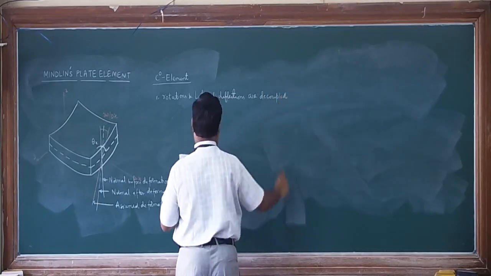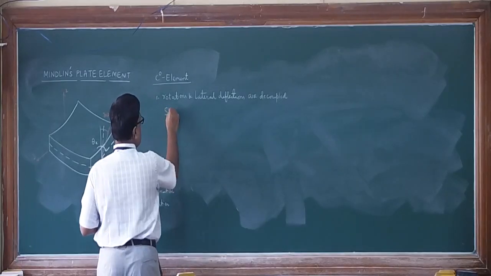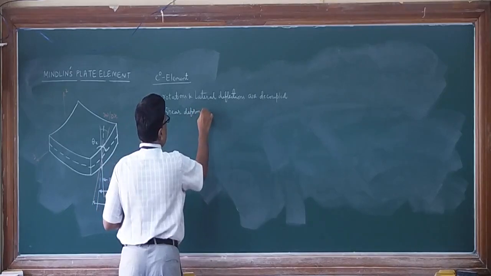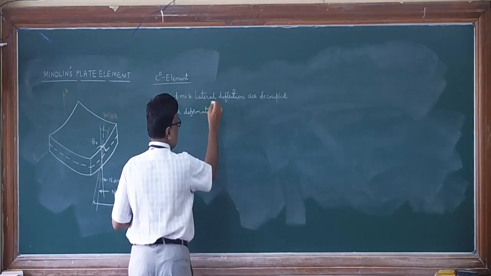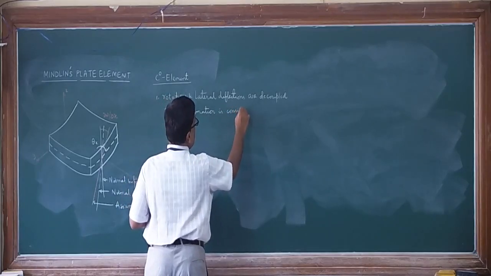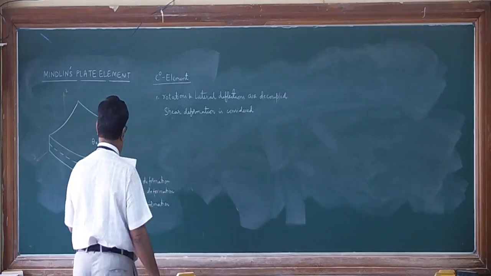That is exactly what I wanted to tell you. And next is shear deformations are considered. The moment you consider that, shear deformation will come into the picture, shear energy will be taken into account. Shear deformation is considered. Okay. This is another very important point to be noted.